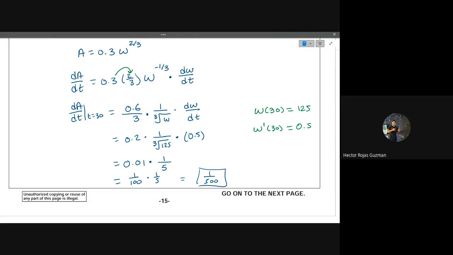Just making sure I got the correct answer here. 0.2 times 0.5, 0.1. 0.2, 0.1, 1 over 5. I feel like I made a mistake here somewhere. Let's see. 0.2, 0.5, 1 over 5.